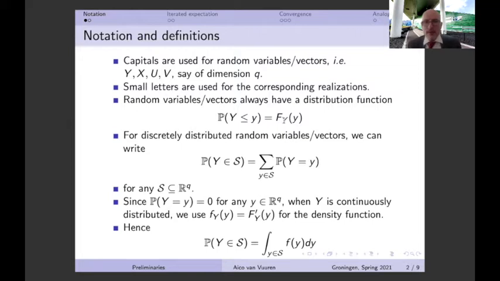And then, by definition, we can calculate the probability that Y belongs to a subset S by taking the integral over all the y's that belong to this S of our density function multiplied by dy. These two things are, of course, by definition equal to each other if we use this definition over here. So this works all fine.